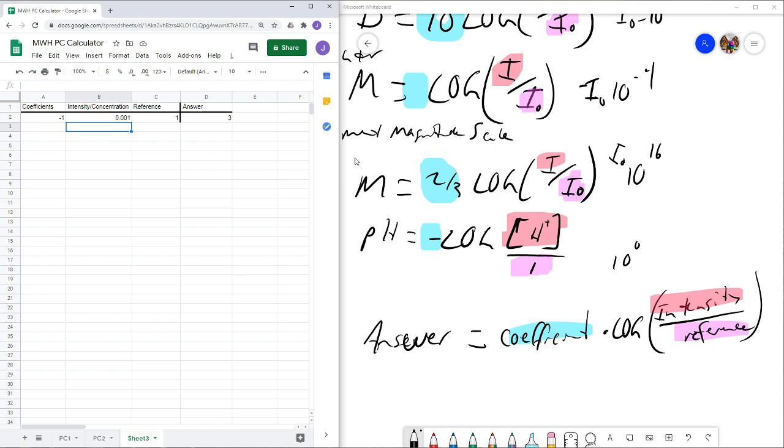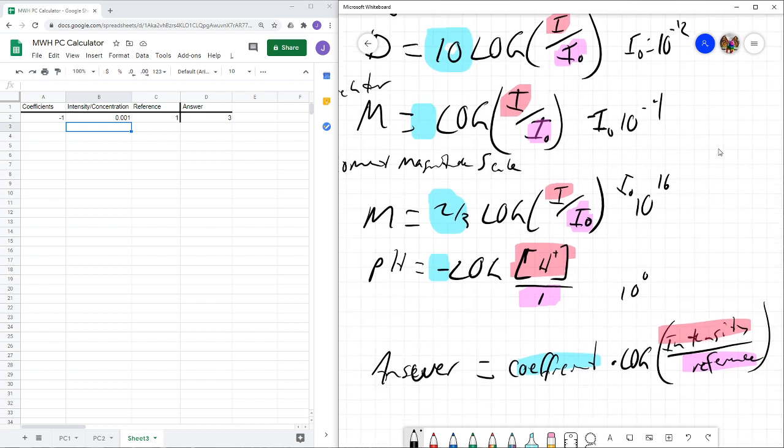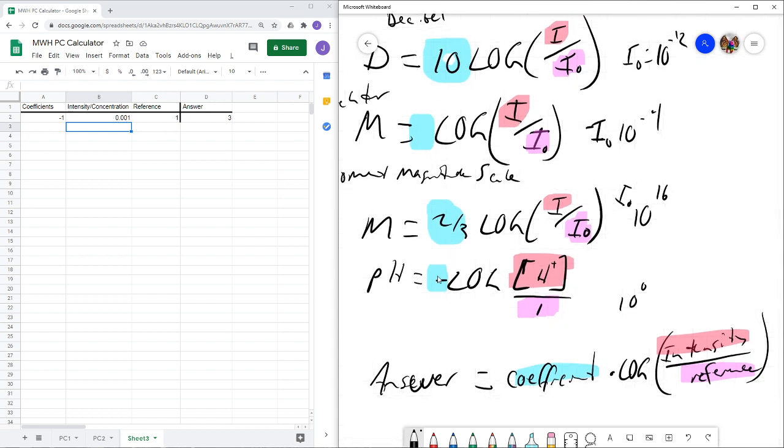Now, we talked about how we could change the values here, right? We have set values for our coefficients and set values for our intensities. Instead of having to type those in all the time, there's a way we could make our lives easier and develop this function better.